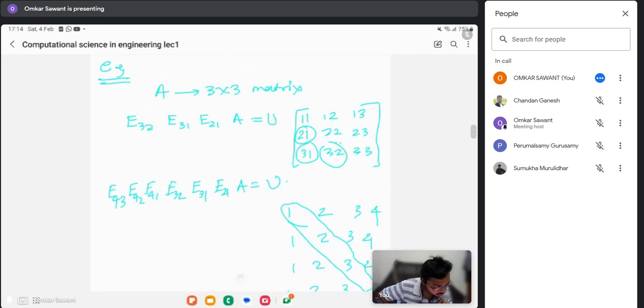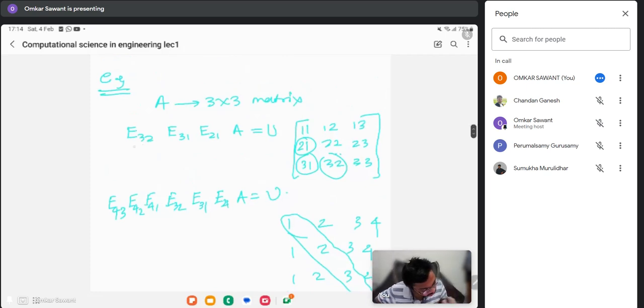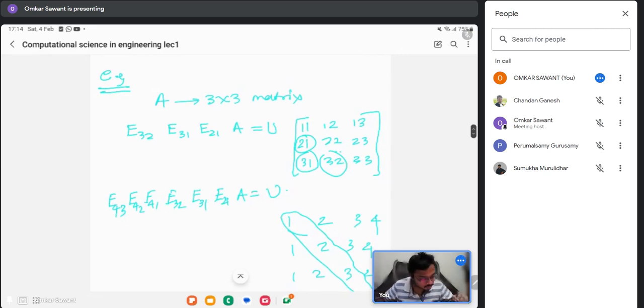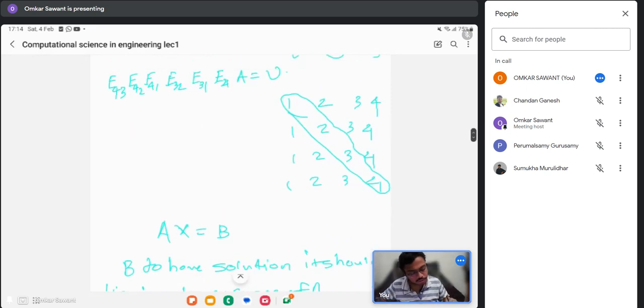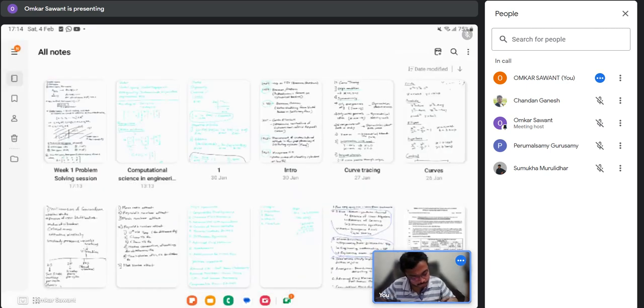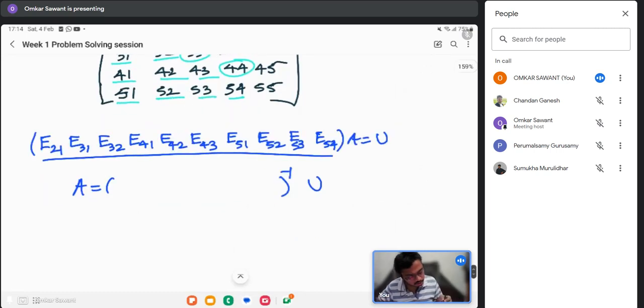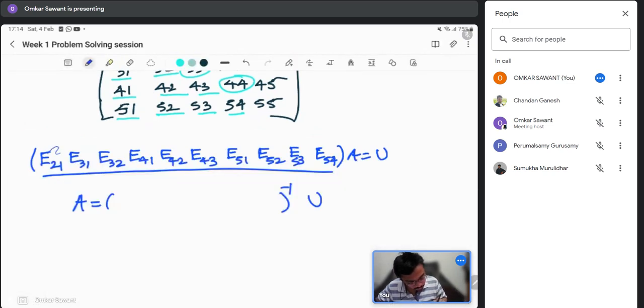So see this thing. 21, 31, 32. Okay, you have to write from the inner side. Slight change. That was my confusion actually, because the order matters here. The order in which you are multiplying the matrices is very important.